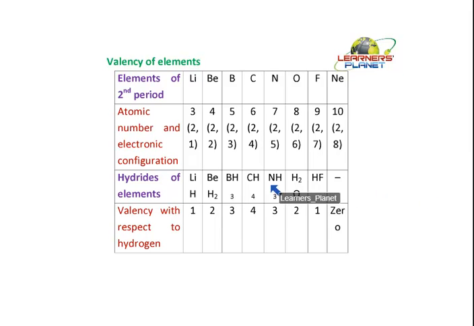What is the valency of carbon? It is 4. But the valency of nitrogen is 3. How did it come? The outermost shell of nitrogen can accommodate how many electrons? 8.